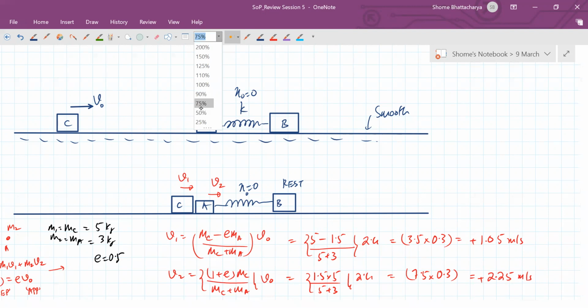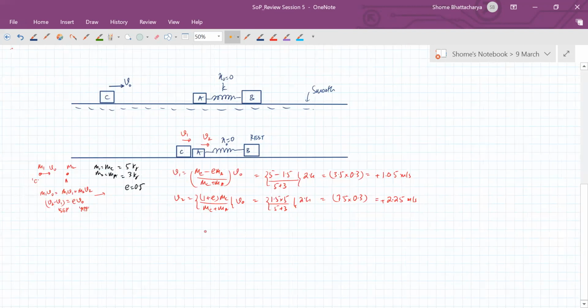So this will become the answer of our first part of the question, that immediately after impact, C has a velocity this much, if we take this as our x-axis, and A has a velocity this much.